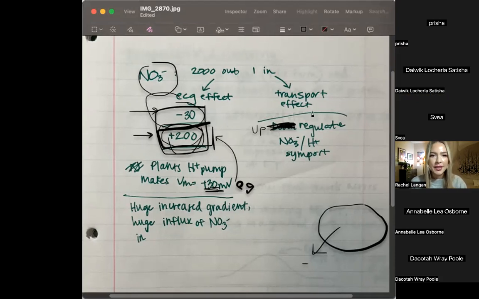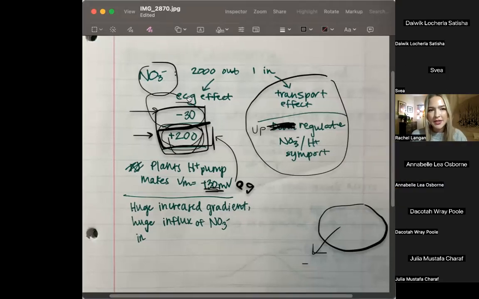You're welcome. And then quickly, I just want to say for this too, I said you should think about the ECG effect, how it's going to change the gradient, and then also the transporter effect. So if we make the gradient even bigger and even less likely to get nitrate in, the cell is going to sense that and it's going to upregulate the symport.